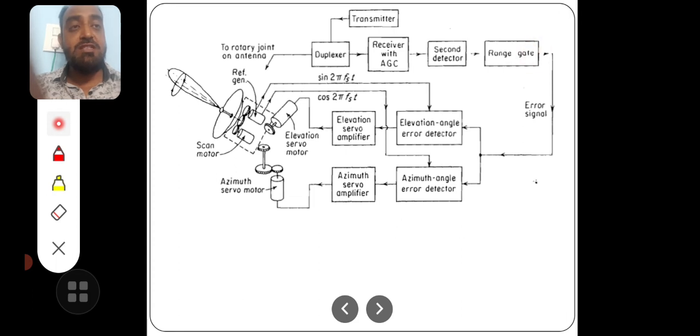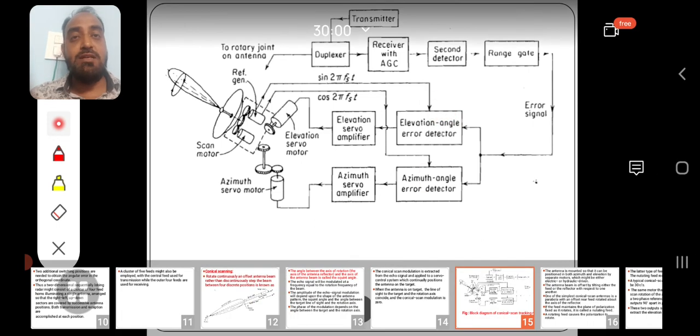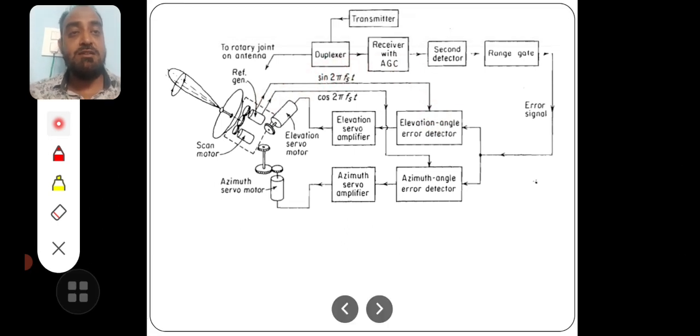The output of the range gate error is supplied to the error signal processing circuit. Now this generates two kinds of error signals. One is the elevation angle error, another one is the azimuth angle error. Elevation angle error rotates the antenna in the vertical direction, whereas the azimuth angle error rotates the antenna in the horizontal direction.